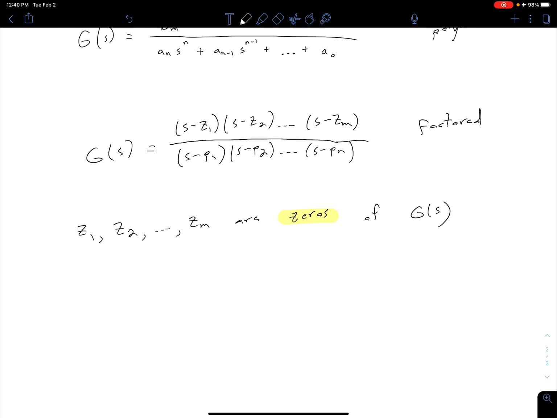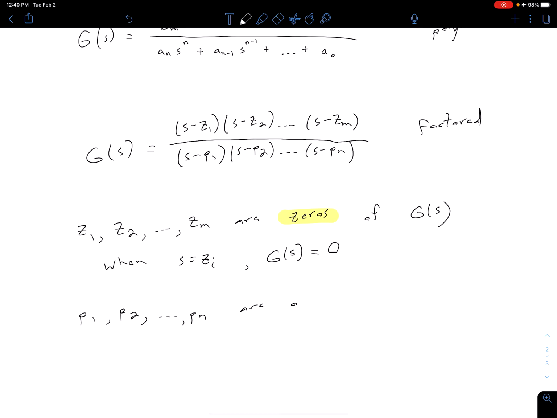The reason that we call these values zeros is, of course, if we let s equal one of those, so when s equals any one of those z's, we'll just keep it general and say z sub i, then our transfer function is equal to 0. So that's why we call those values zeros. Similarly, we have poles p1, p2, all the way to p sub n.